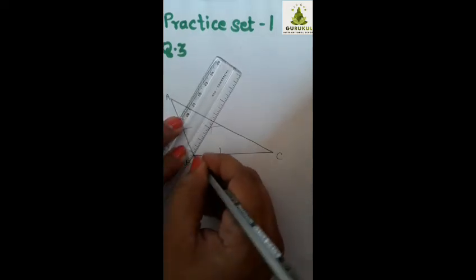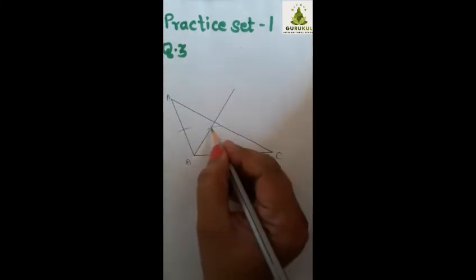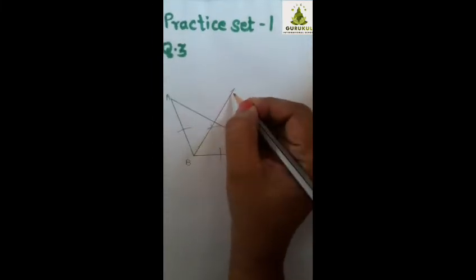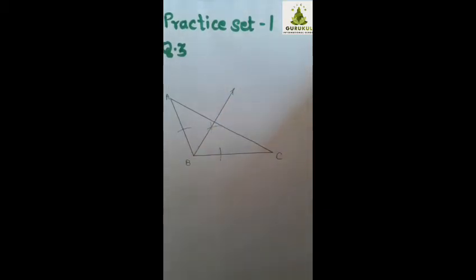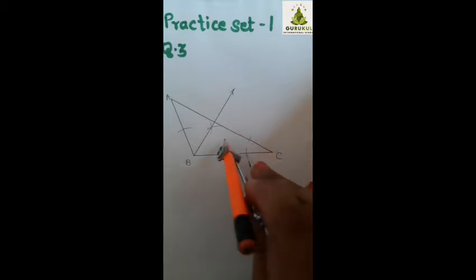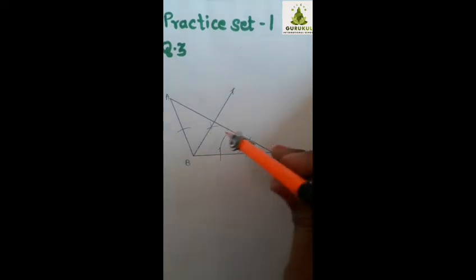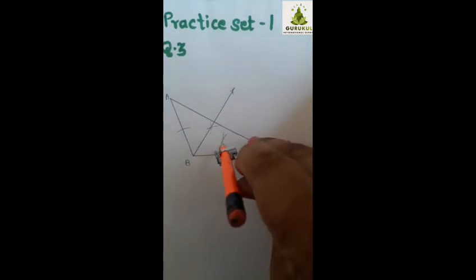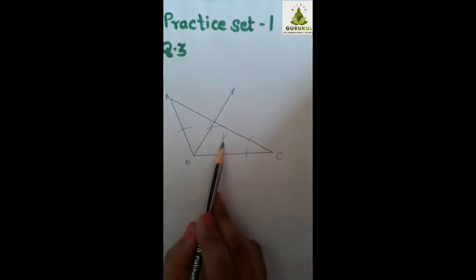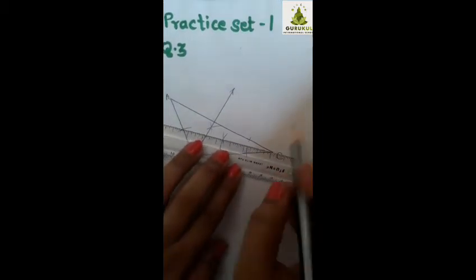You have to be accurate while joining this point of intersection of arc and angle B. Next, draw the angle bisector for angle C. One, two arcs, then one arc here, another intersecting arc. Okay, again you have to join this intersection point and angle C.